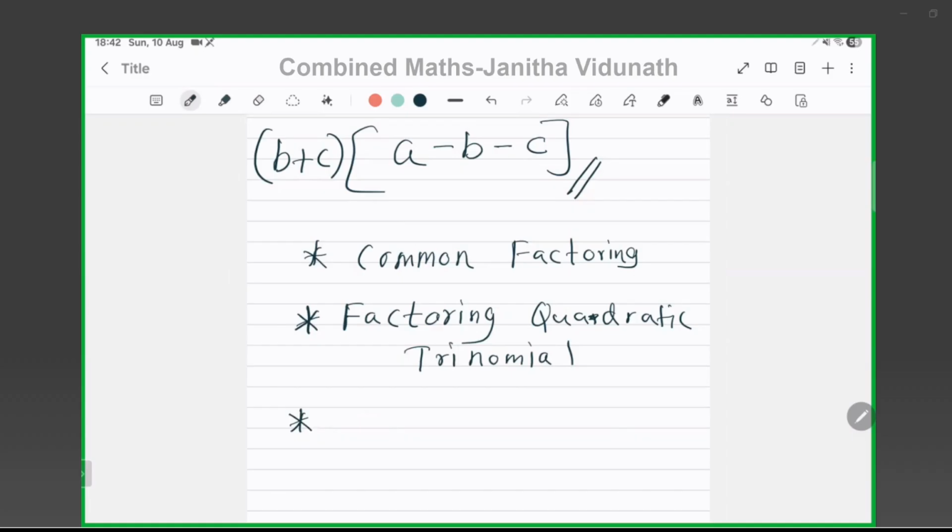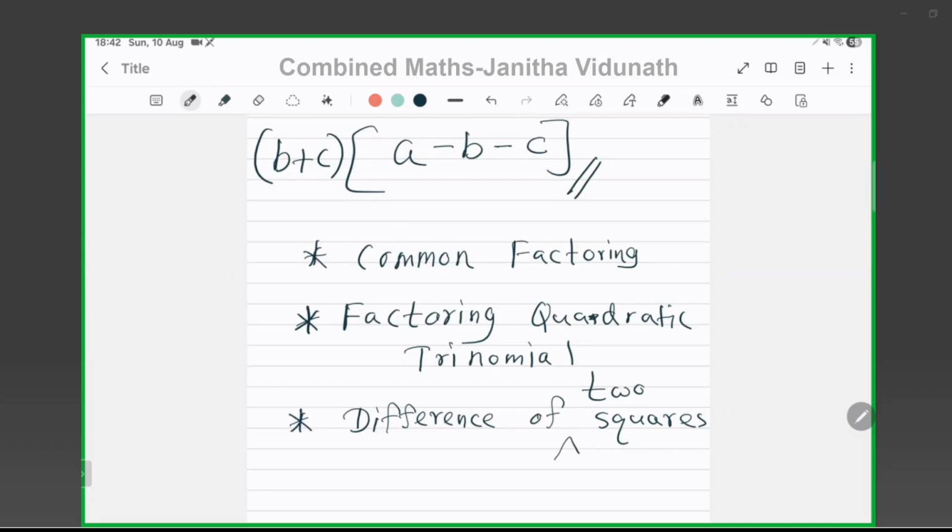The other one is factoring with the difference of squares, or difference of two squares. And we also solved some questions combining those.